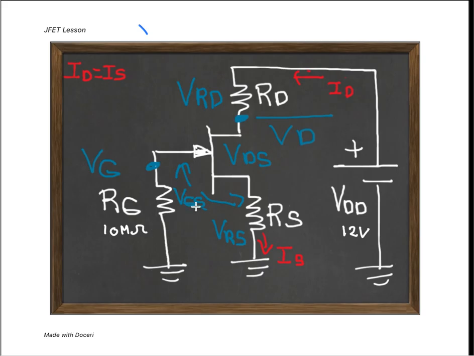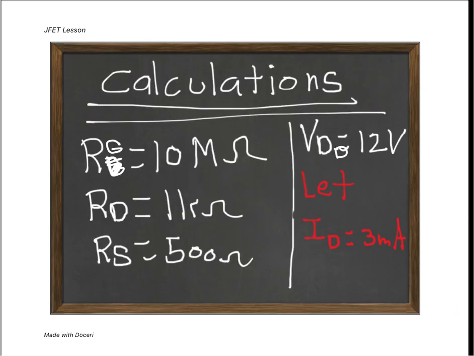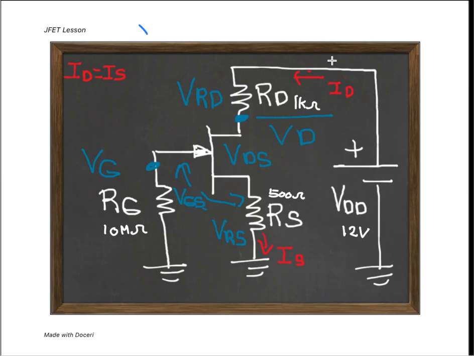This is 10. This is 1. And that's 500 ohms. And we assume the drain current here is 3.